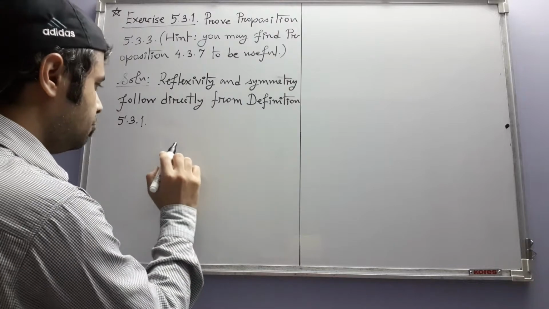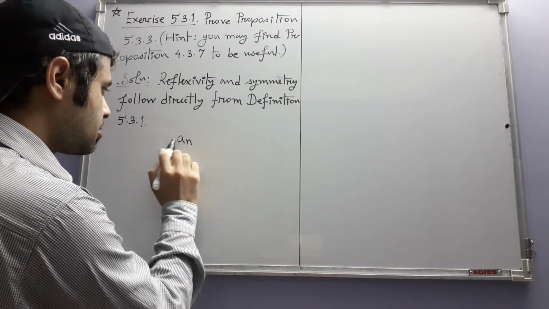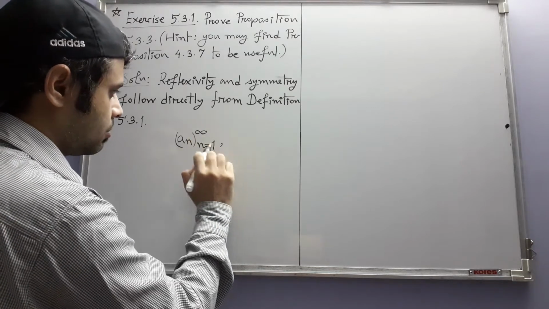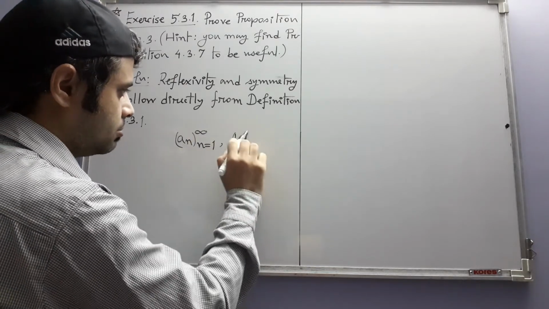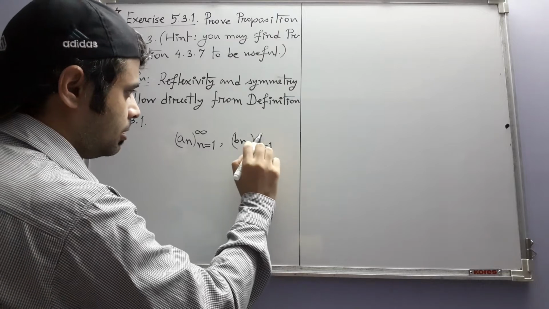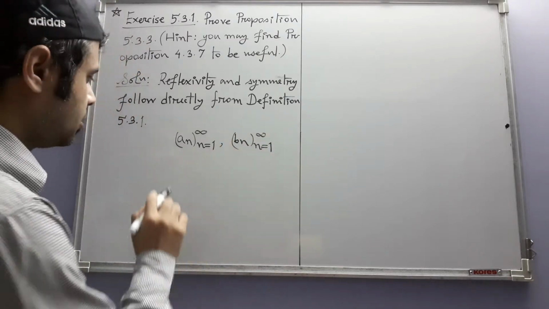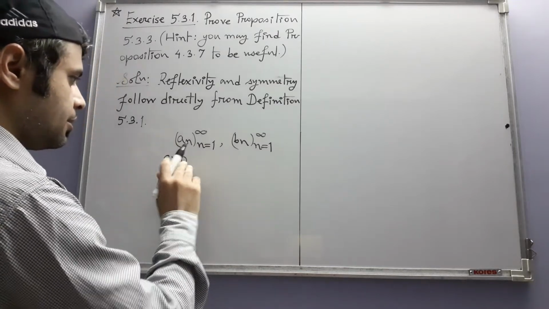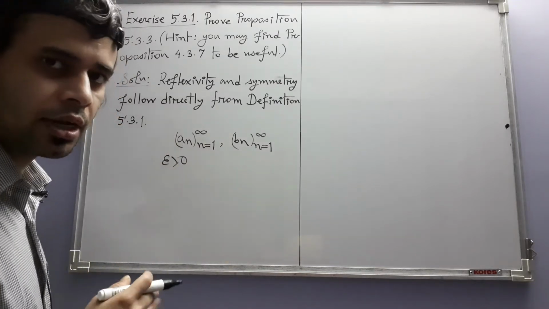You see, we say that two sequences of rational numbers a_n and b_n are equivalent if for any positive rational number epsilon the sequences are eventually epsilon close.